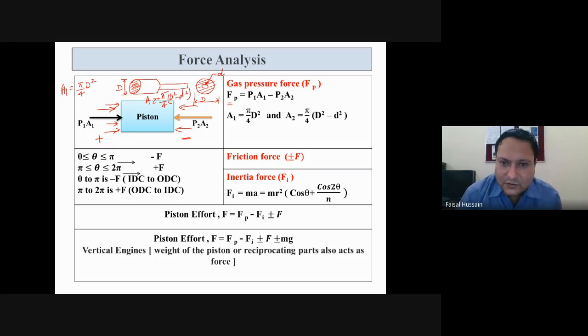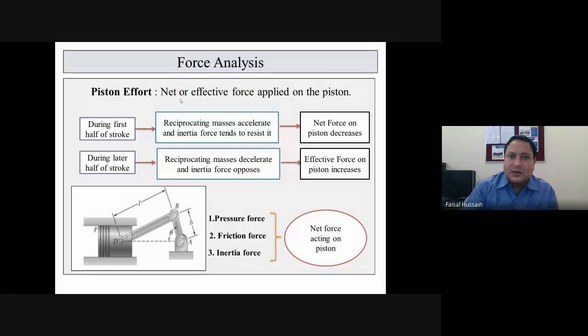Next is your frictional force. Frictional force can be positive and it can also be negative. When the crank moves from 0 degree to 180 degree, it is termed negative frictional force. Why negative? Because during the first half of the stroke, the net force on the piston decreases.